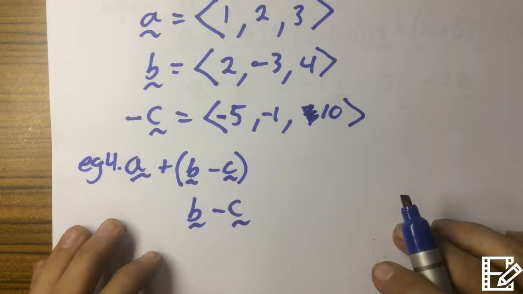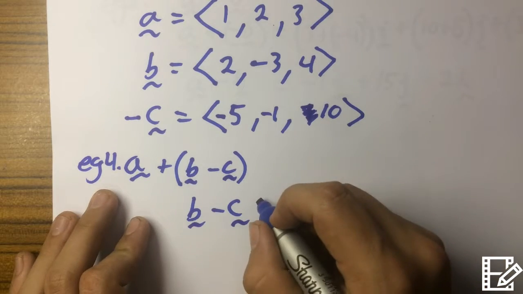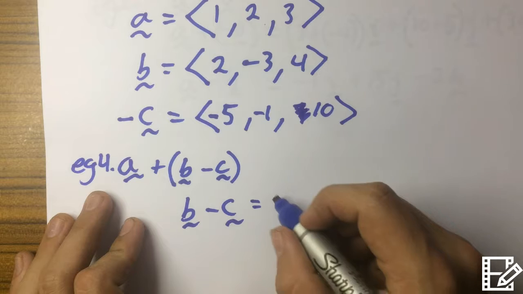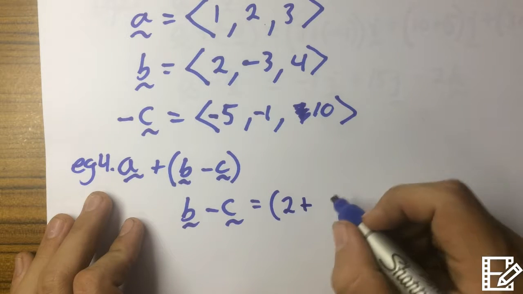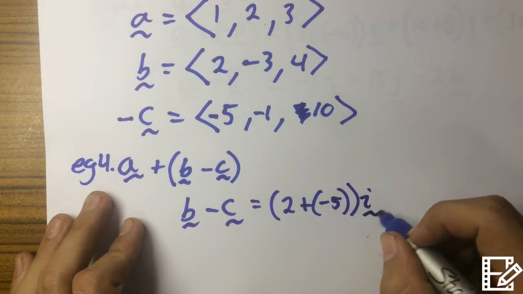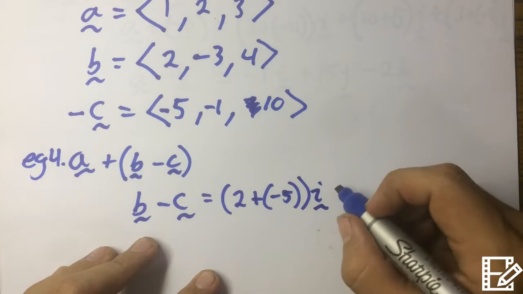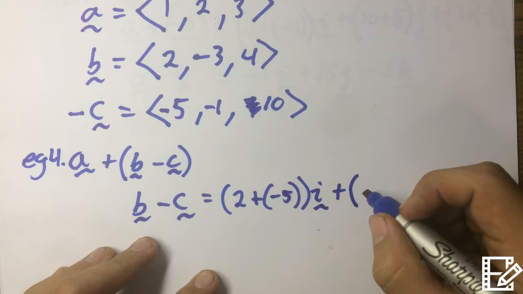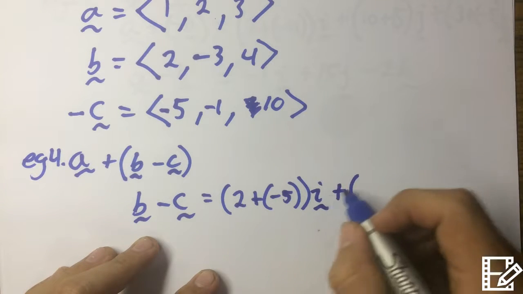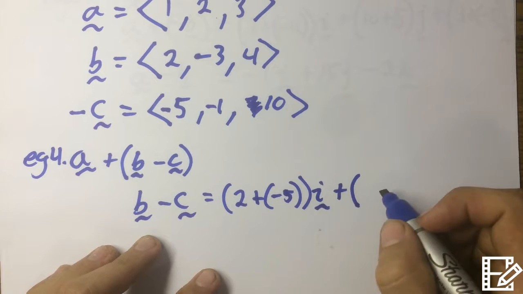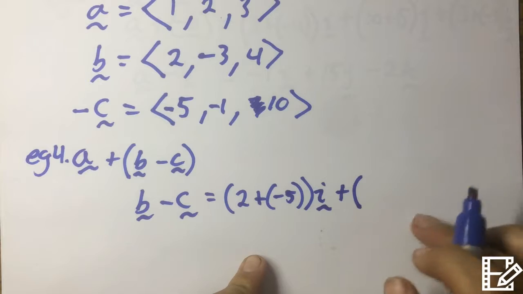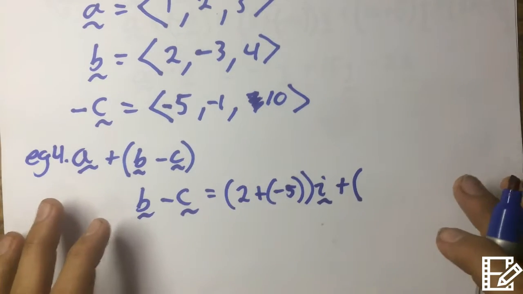Okay? And that will equal, well, we group the i values, so that'll be 2 plus negative 5 i, so that's all the i values grouped, and then we add, well, I'm going to do them in their components just for this addition. If you want to, you can do the brackets and just have a comma in between each one that you've added. That's fine.